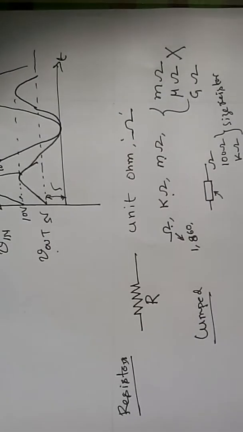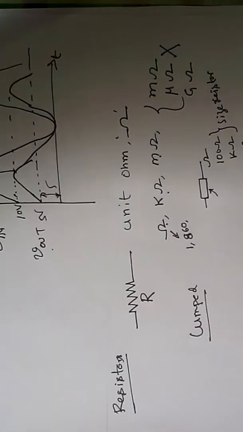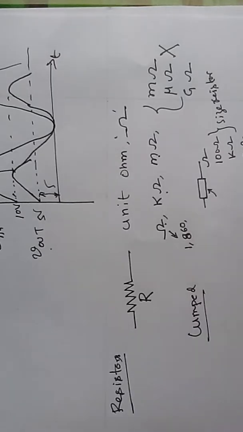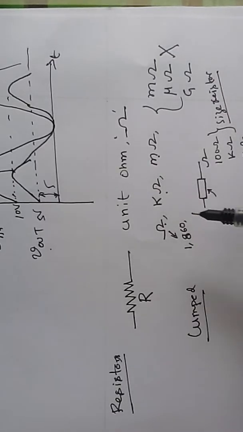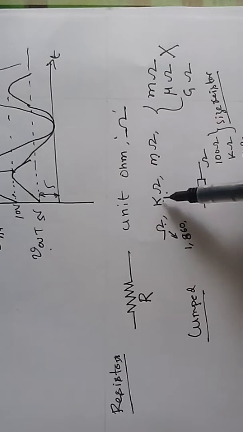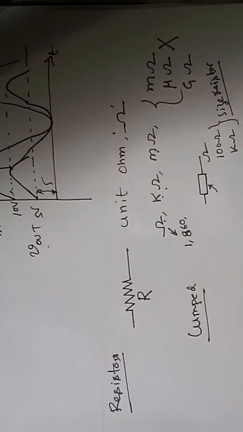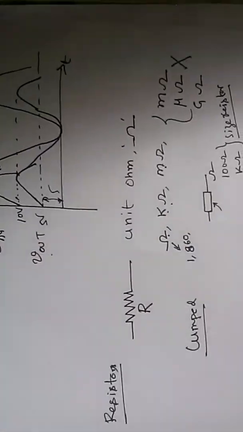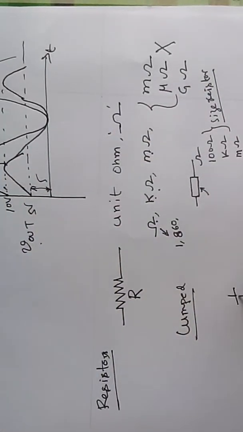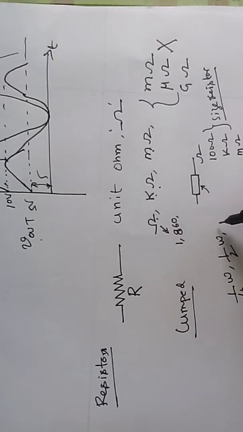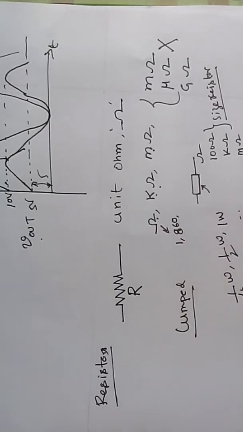The resistance value will not change the size of the resistor as long as its wattage, that is its power dissipation capability, remains the same. Depending on that capability, resistors are categorized as quarter watt, that is 1 by 4 watt, half watt, 1 watt, and so on.